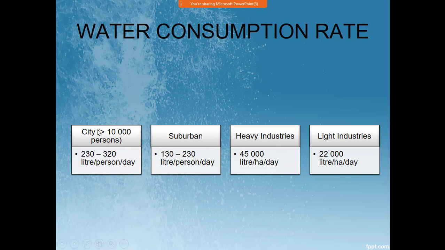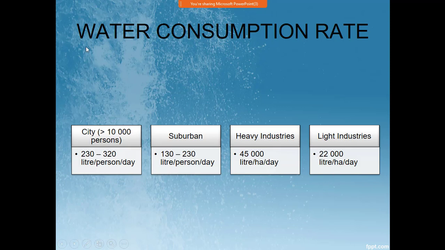In the suburban there are not so many activities and it's not highly populated, so the water consumption is lower. For heavy industries, it's 45,000 liters per hectare per day. It's calculated per hectare. For light industries, it's 22,000 liters per hectare per day.